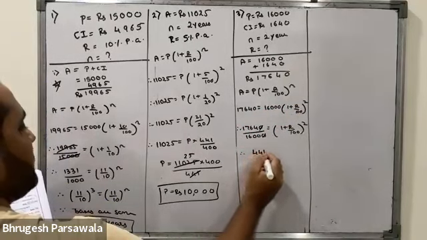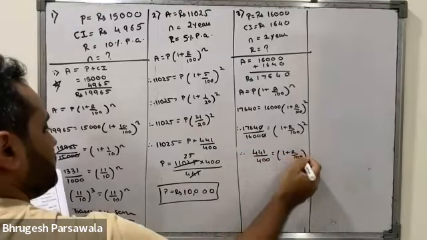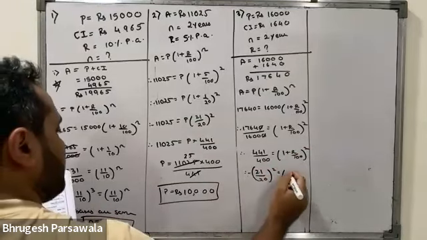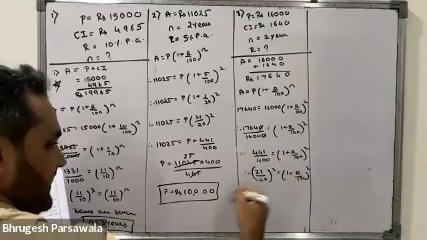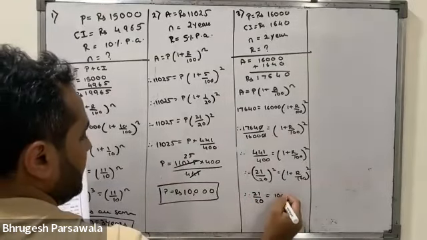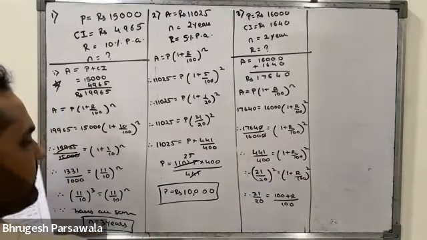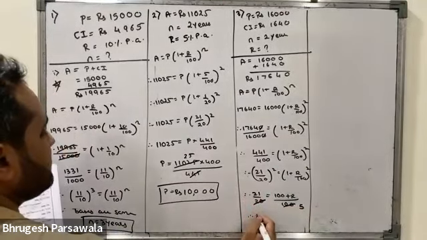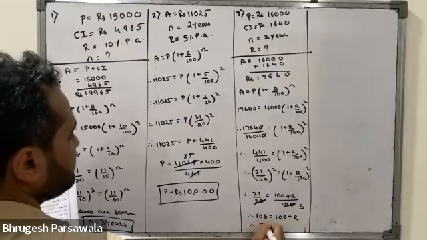Divide by 4, 441 upon 400 equals (1 plus R upon 100) raised to 2, which is (21 by 20) raised to 2. Taking square root on both the sides, 21 by 20 equals (100 plus R) upon 100. I took the LCM, beta, nothing else. 5 cancels, 21 fives are 105. Therefore, R is 5% per annum.